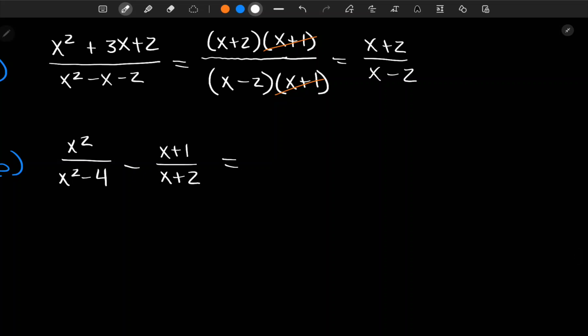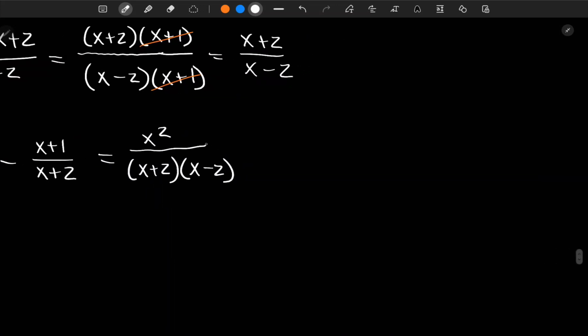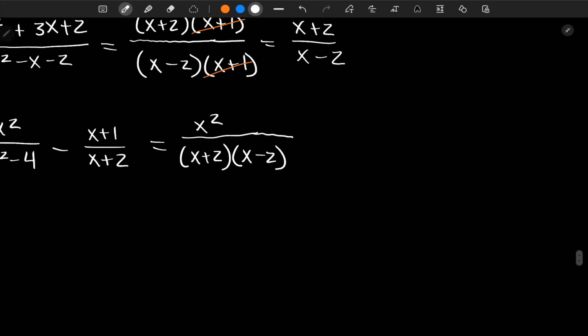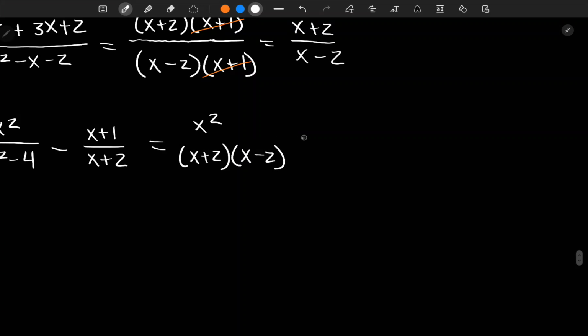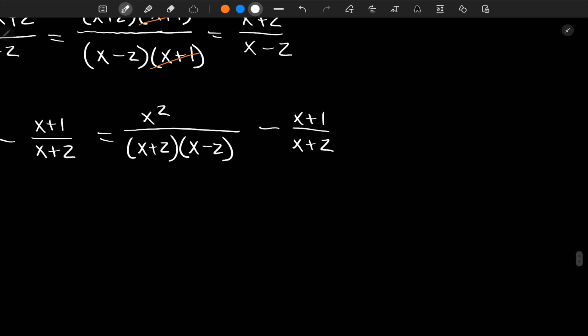Well, we can simplify the first term by factoring its denominator, such that the first term is x squared over x plus 2 times x minus 2. And then as before, in the second term, we have x plus 1 over x plus 2.